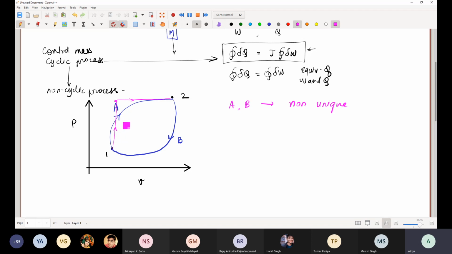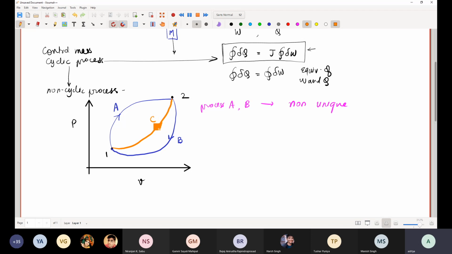But the important point that I'm trying to make is that the processes, process A and B, are non-unique. So I could equivalently have another process, this.